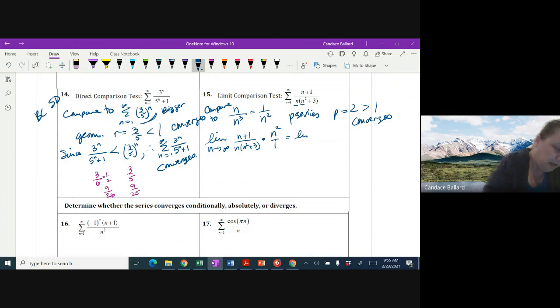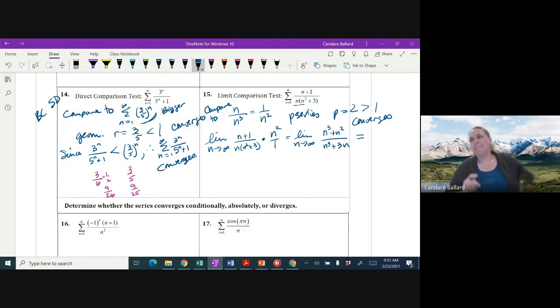So I still have the limit as n approaches infinity of n cubed plus n squared over n cubed plus 3n. What's the limit equal to, everybody? All right, it is in fact equal to 1, okay?